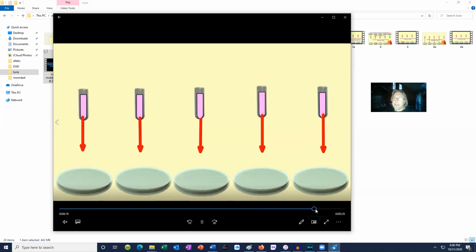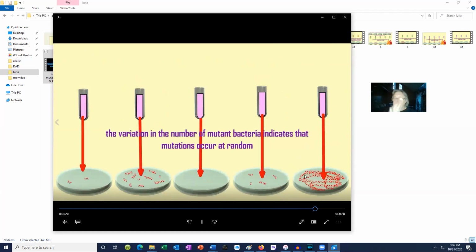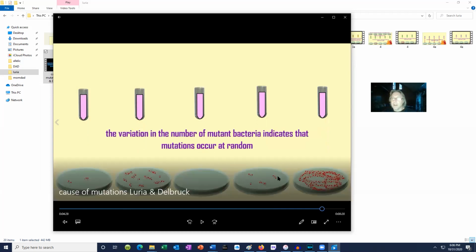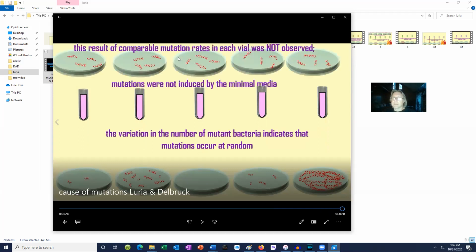And so that's what Luria and Delbruck observed, once again, kind of simulating their experiments. But they showed that, look, because the frequency of mutation varies, some more, some less, some none at all, it does not look like this. So this leads us to believe that mutations are just constantly occurring.